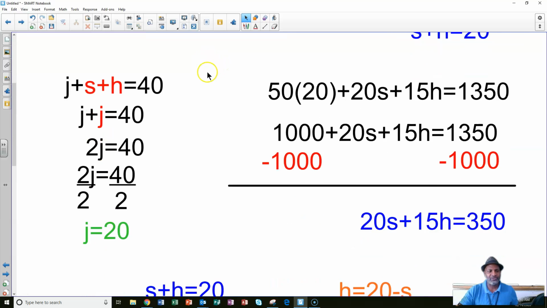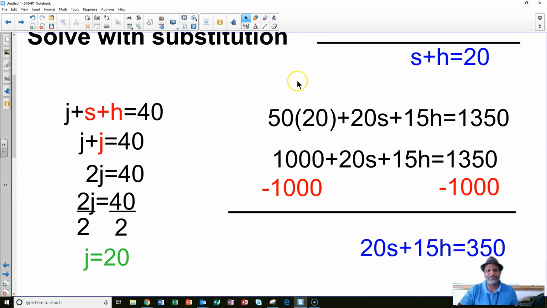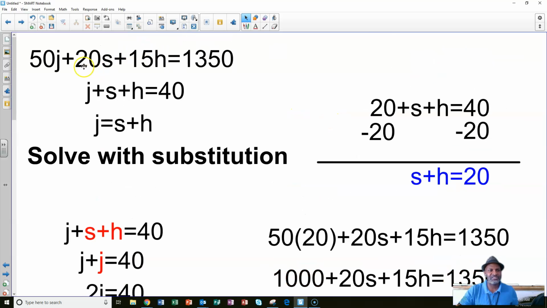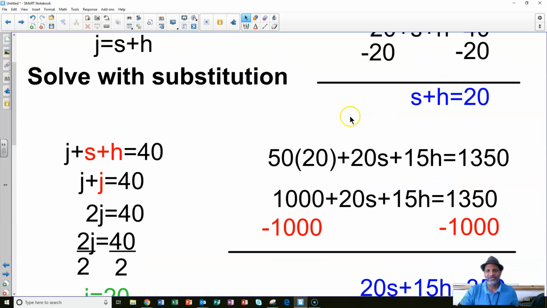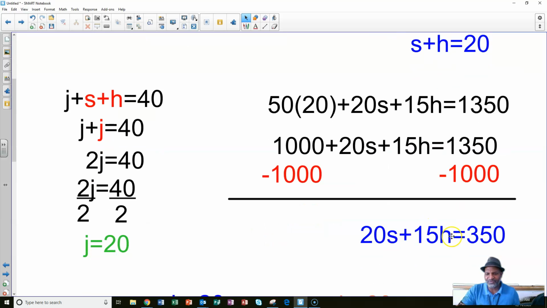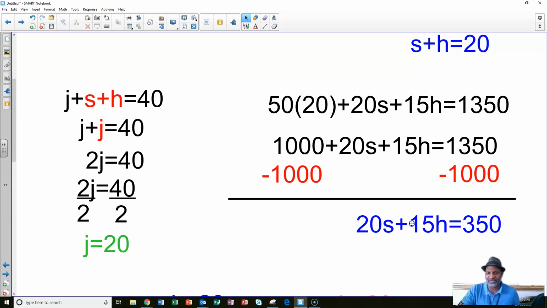In the top equation, I can write 50 times 20, this is J, plus 20S plus 15H equals 1350. I'm going to multiply this together, get 1,000. Now I have 1,000 plus 20S plus 15H equals 1350. I can subtract 1,000 from both sides, and that gives me this equation right here.